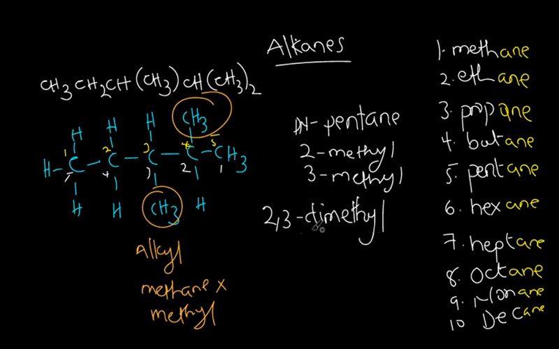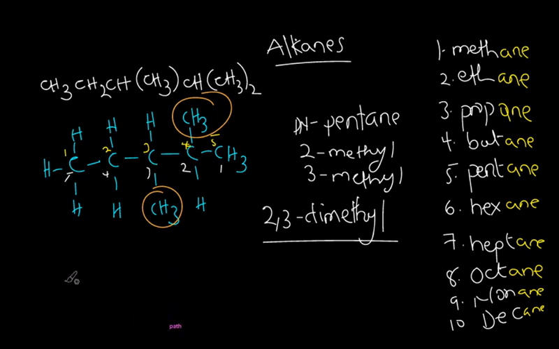We just join this substituent with the parent name, and then we have the name of our compound. So the name of this compound is going to be 2,3 dimethyl pentane, as the name of this compound.